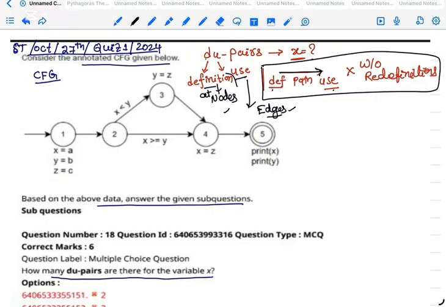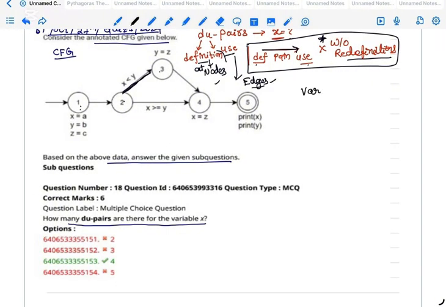Here it is defined, and we are using it at this edge, so 1, 2, 3 is a path. Without redefinition, again redefinition is not possible, this is important. Without redefinition, this is the du pair.